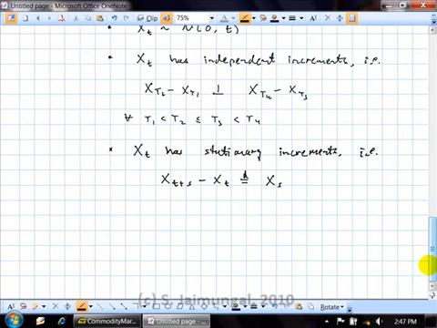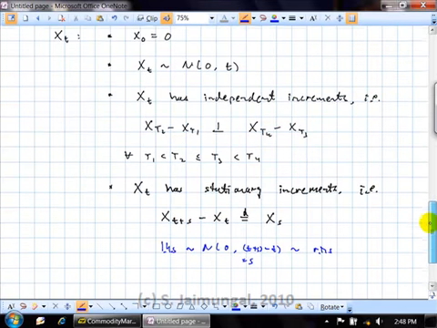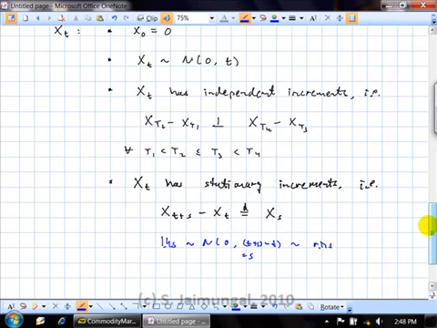So the left-hand side is normal, mean 0, and variance equal to t plus s minus t, which is equal to s. But that's also the distribution of the right-hand side. The distribution of x at time s is normal with mean 0 and variance s. That's property 2 there. So I can put an equality in distribution here.